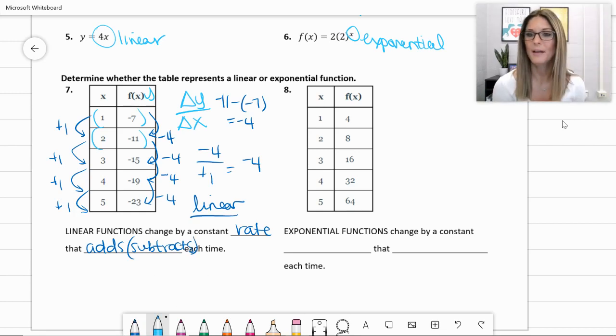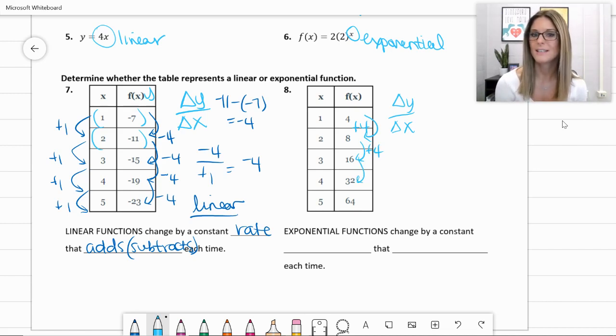Now let's look at the second one. Number 8 has a table. And as we look at our change in y over change in x, how did 4 turn into 8? Well, maybe you think it added 4. Does that pattern continue? Well, 8 plus 4 should have given me 12. 16 plus 4 should have given me 20. Something different is happening here. Instead, our rate is multiplying.